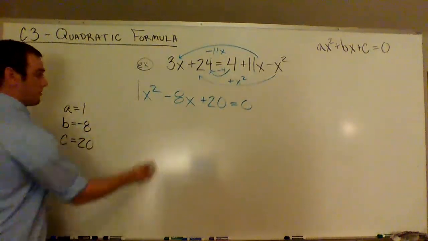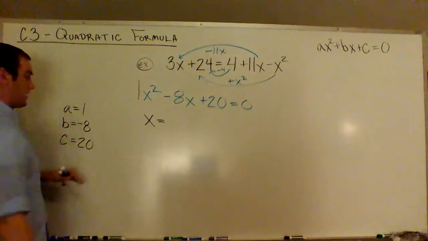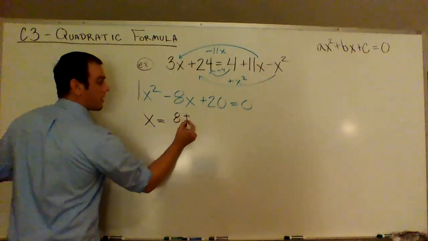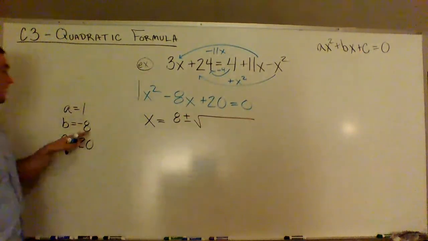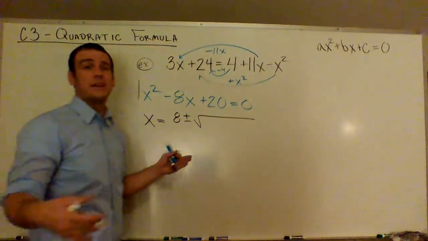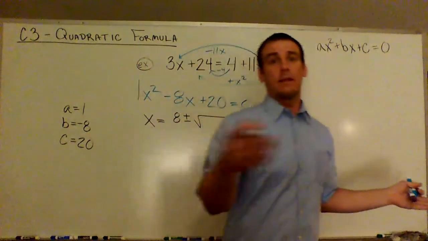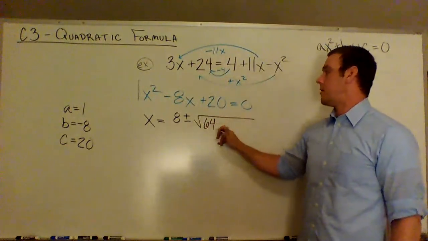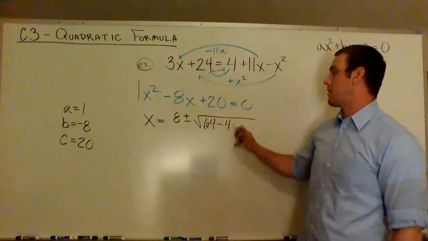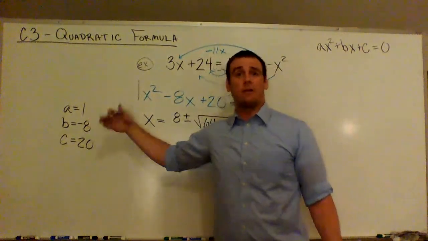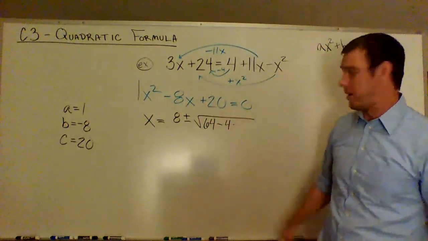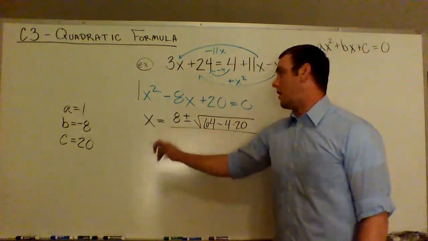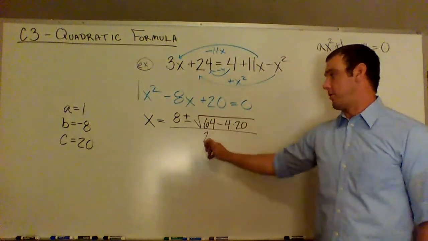So, here we go. x equals negative b, so that's going to be a positive 8, plus or minus the square root of b squared. b squared, negative 8 squared, negative 8 times negative 8, positive 64. Minus 4 times a, I'm not even going to write that 1 there because negative 4 times 1 is just negative 4, times c, which was 20, all over 2a, which is just 2.